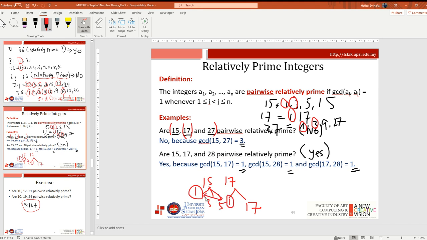Then 15 and 28: 1, 3, 5, 15 and 1, 2, 4, 7, 14, 28. Can they be divided by 3? No, 1 only. This one, 1 only.